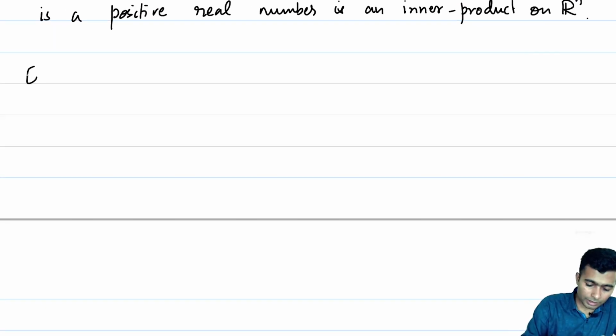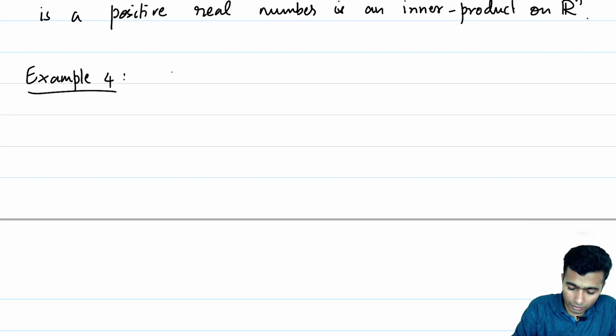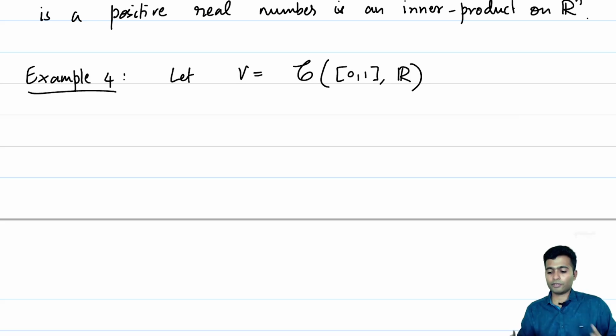Example 4. What could be a good example now? So let's consider, let V be equal to C of 0, 1 to R. So this time let me be very careful. I'm not going to casually write C01.